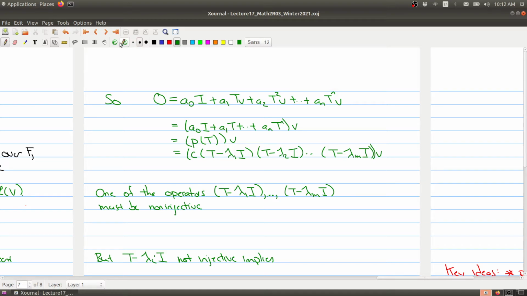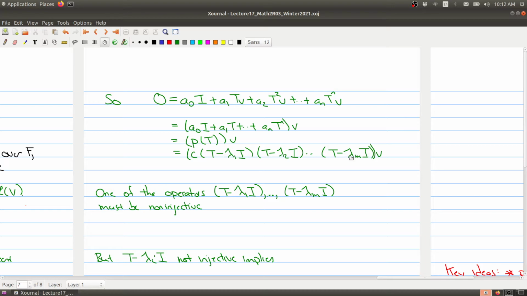So we step back and say, what I have is I'm taking this vector v and I'm plugging it into this linear operator, and my output is 0. So that means the vector v is in the null space of the thing on the left-hand side. But that means one of these operators has a property that it will take something that's not 0 and suddenly make it 0 at some point.